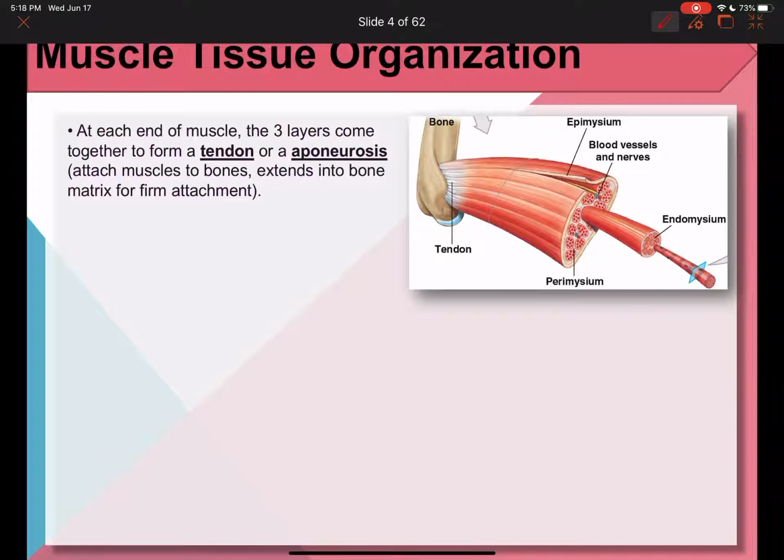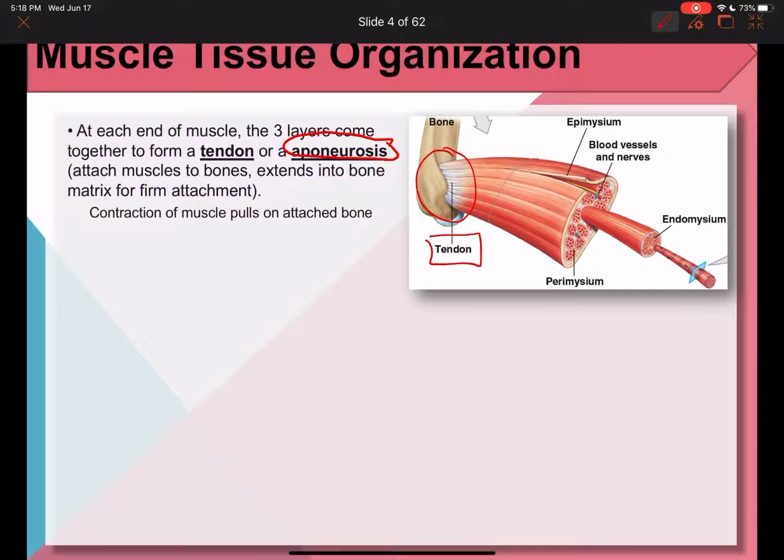Okay, so we mentioned in the previous chapter that muscles must be attached to bones via tendons or a wide sheet of tendon called aponeurosis. So you have tendons and aponeurosis. Something like this, which is a thin piece of white fibers that attaches muscle to the bone, is a tendon.